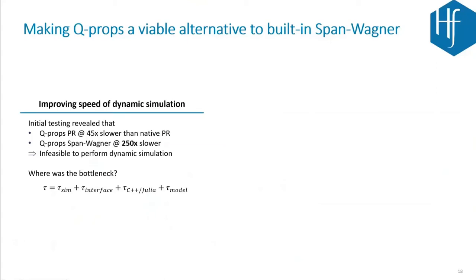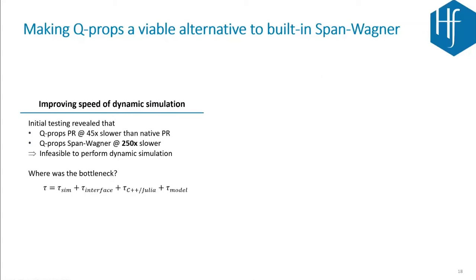So we started analyzing what was really the bottleneck, and you can look at this as a delay function where part of it is really due to the simulator. There's part of it that's due to the interface, that could be marshalling across the interface. In the case of CAPE-OPEN, it's really that this calc single phase property, for instance, is called many times.